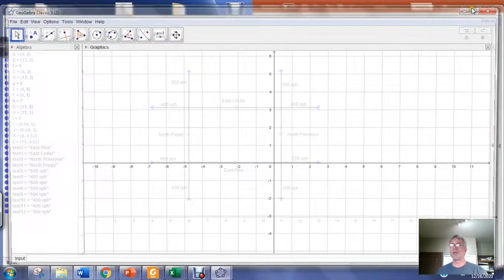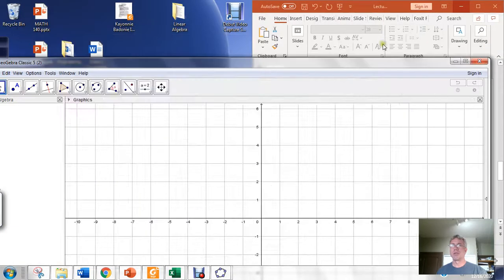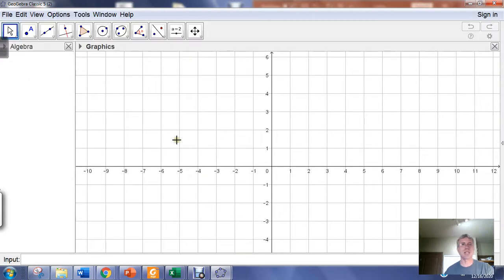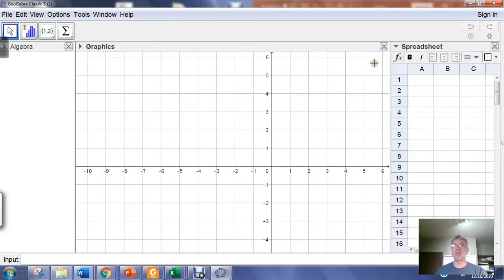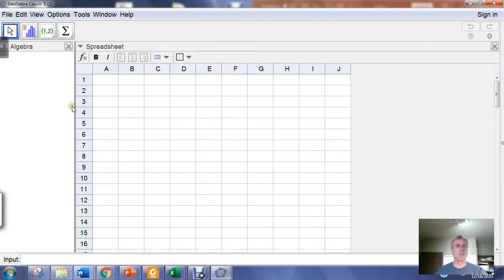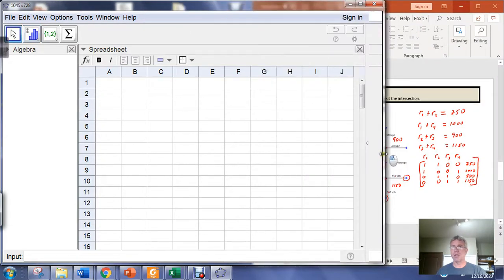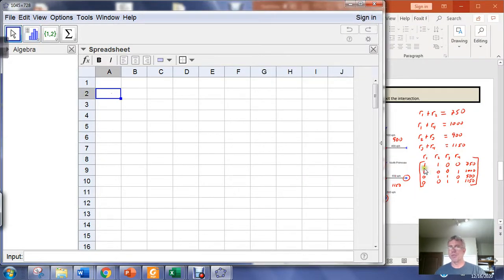We'll get a new window going in GeoGebra here. In options, let's put the font size up a little bit larger. And in view, we're going to go into our spreadsheet view like we've been doing, and then we need to put our matrix into the spreadsheet. The first row is 1, 1, 0, 0, 750, so it's 1 tab 1 tab 0 tab 0 tab 750, enter.